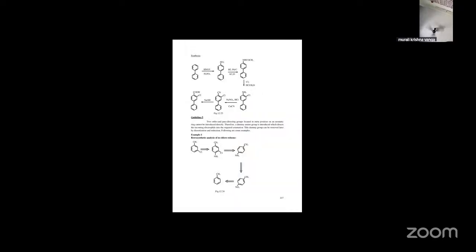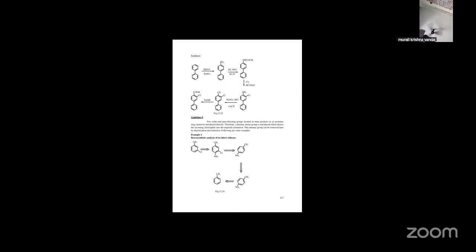Guideline 5. When two ortho and para directing groups are in the meta position, the group cannot be introduced directly on the aromatic ring. Therefore, a dummy amine group is introduced which directs the incoming electrophile into the required orientation.